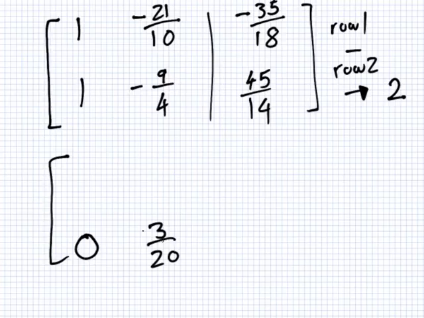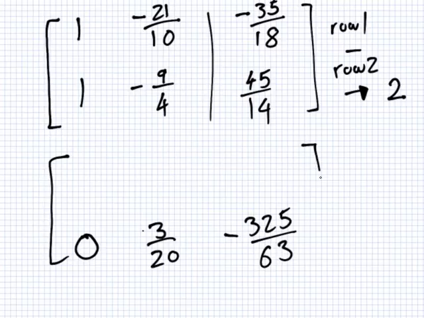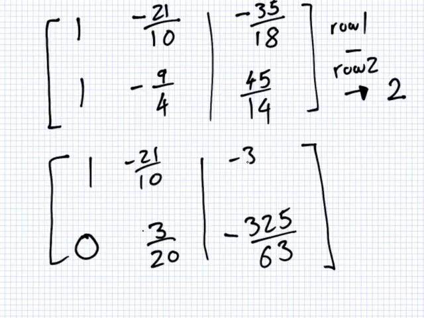Minus 35 over 18, minus 45 over 14: minus 325 over 63. Yeah. 1 minus 21 over 10 minus 35 over 18. Okay. Now, what's next?